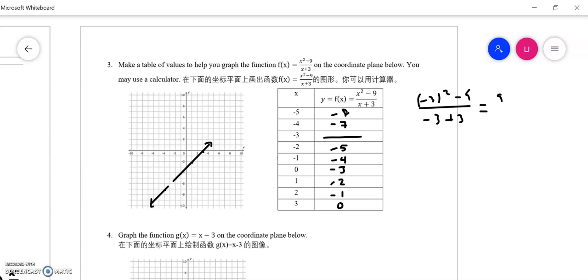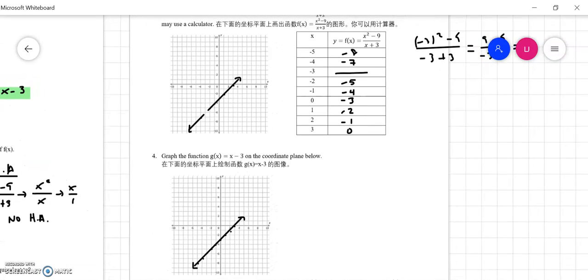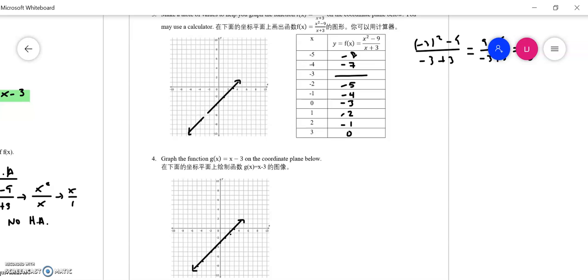So this is 9 minus 9 over -3 plus 3, which is 0 over 0. So this doesn't work. 0 can never be your denominator. Remember, you can't divide something into 0 pieces. So there's no value at x equals -3 for the rational function, yet the linear function, x minus 3, well, it's a line. There's going to be a value everywhere.